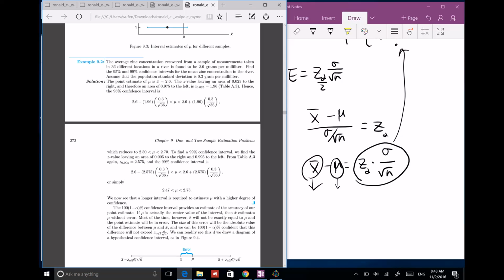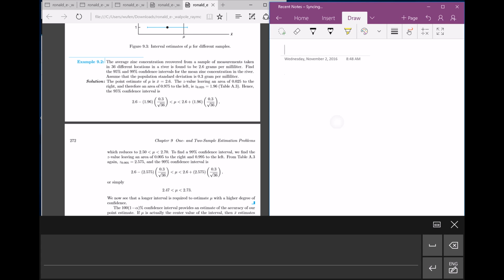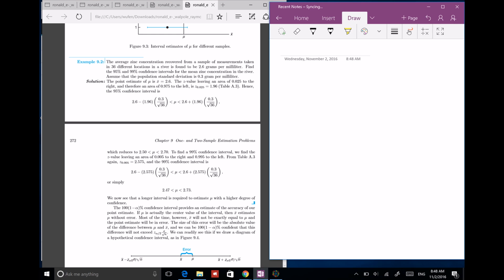There is example 9.2. For example, the average zinc concentration recovered from sample measurements taken at 36 different locations in the river is found to be 2.6 gram per millimeter. So x bar equals 2.6, and n equals 36.